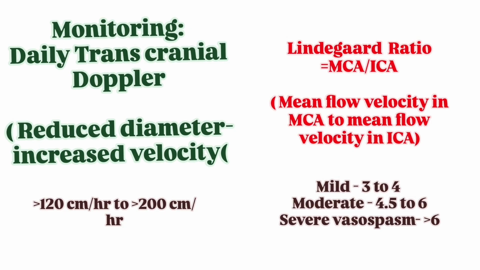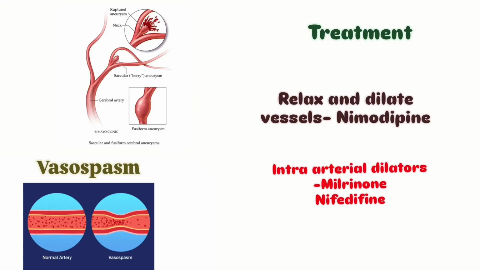If the ratio is between 3 to 4.5, it is suggestive of mild vasospasm. 4.5 to 6 suggests moderate vasospasm, and if it is greater than 6, it is suggestive of severe vasospasm. Treatment of vasospasm includes relaxing and dilating the vessel, that is, we give nimodipine, a calcium channel blocker, and then we give intraarterial dilators like milrinone and nifedipine.